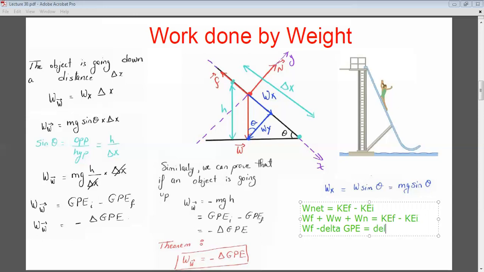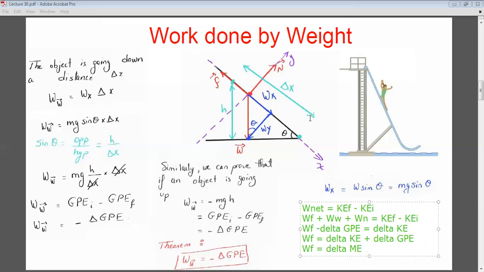This is equal to delta kinetic energy. So work done by friction will be equal to delta kinetic energy plus delta GPE. That is, work done by friction is equal to delta mechanical energy.